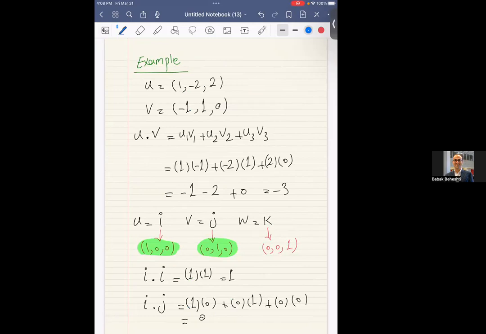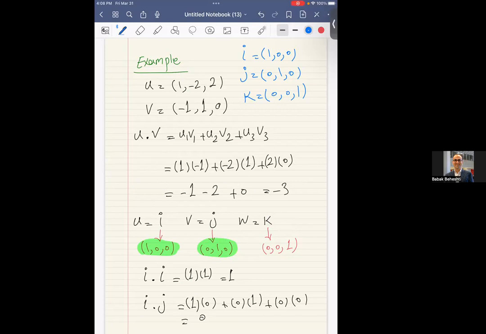And also remember that we have the standard unit vectors i, j, k, where i is equal to 1, 0, 0, j is equal to 0, 1, 0, and k is equal to 0, 0, 1. Sometimes instead of representing a vector by its components, we can use the i, j, k symbols.